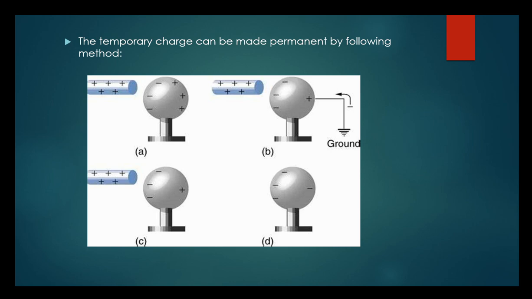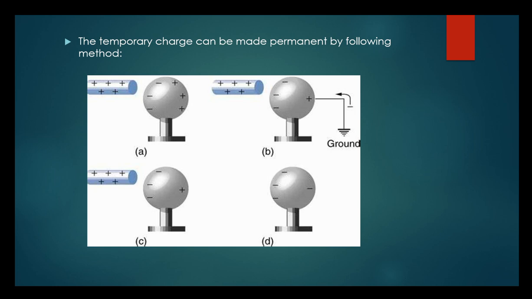In the first step, we bring a positively charged rod near the sphere. The negative charges get attracted towards the rod and the positive charge gets away from it. Now we earth or ground the sphere. What happens? The negative charges from the ground get attracted towards the sphere and the negative charge neutralizes the positive charge.